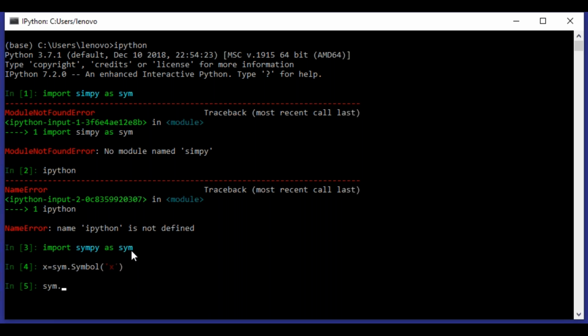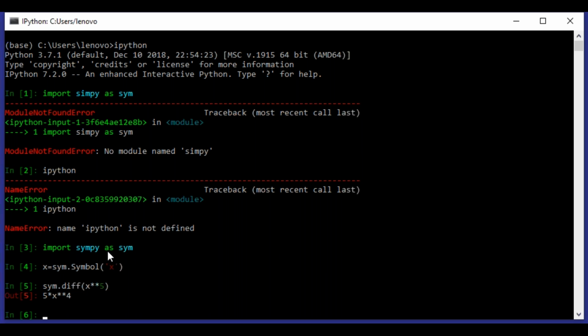Then SYM dot diff, and in brackets I am giving the function x raised to 5. It is displaying the answer 5x raised to 4.